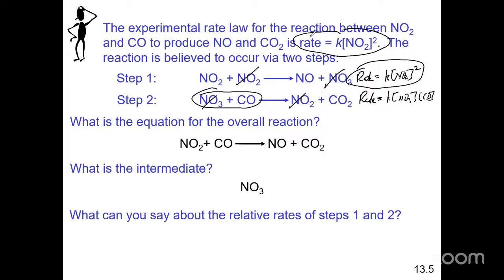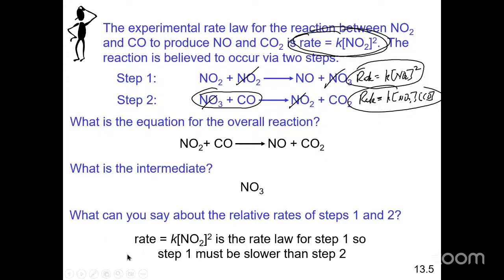Since the overall rate is given by that equation, and the first step has the same rate law, it doesn't matter what the second step is in terms of speed, because it's faster. So step 1 would be slower, or step 2 would be faster.